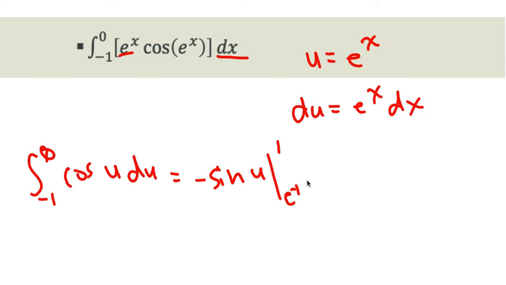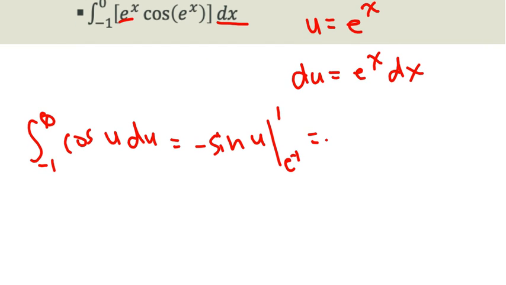Okay, so I'm going to leave this in terms of sine u and just replace the interval with what I get by plugging the 0 and the 1 in here for e to the x. So I'm just switching it up a little bit. So I have negative sine of 1 minus negative sine of e to the negative 1.